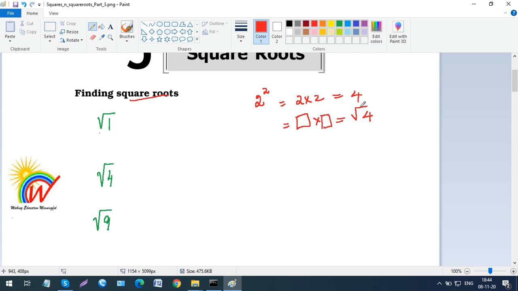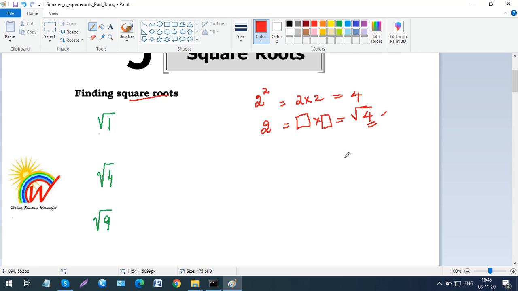So the square root of 4 is 2, because if you multiply 2 by itself, you get 4. So the square root of 4 is 2.